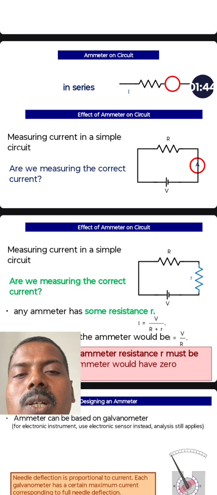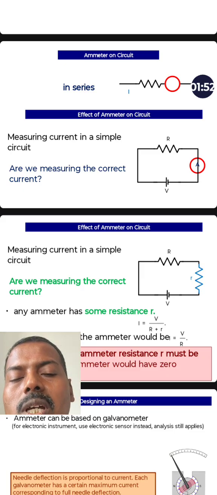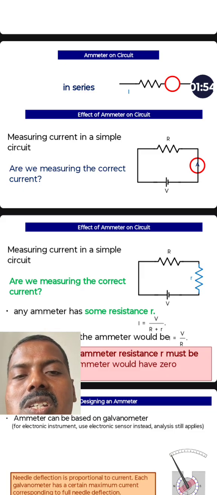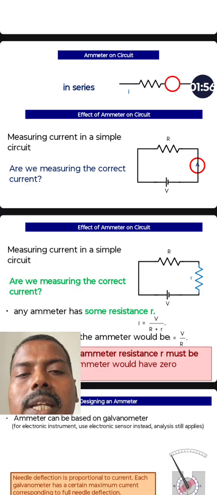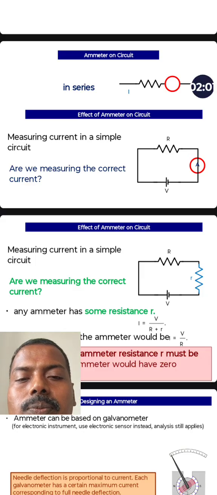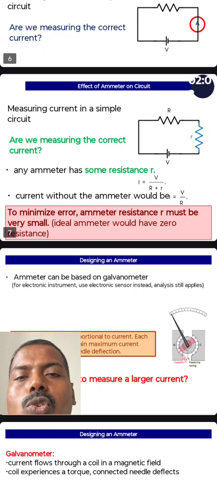Here the detailed circuit is given from the voltage source to the resistance and to the ammeter. So when we are applying the supply to the circuit through the resistance, the ammeter will indicate the reading of the current, and also measure a simple circuit.